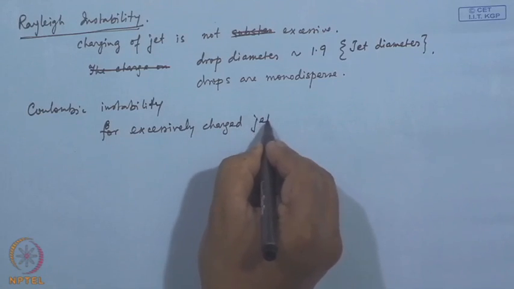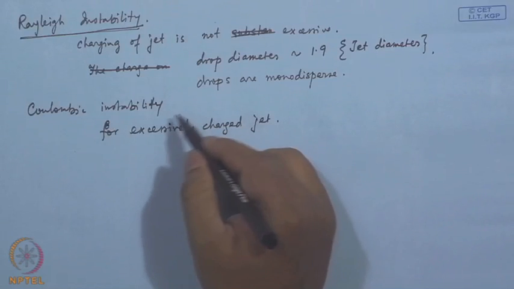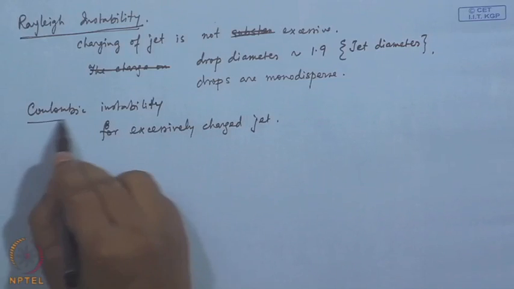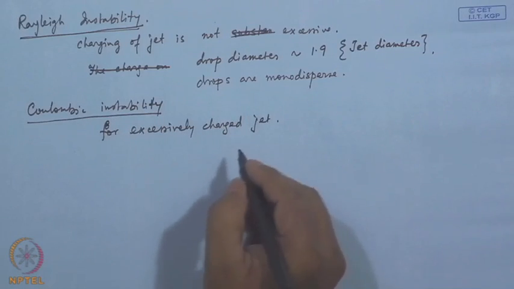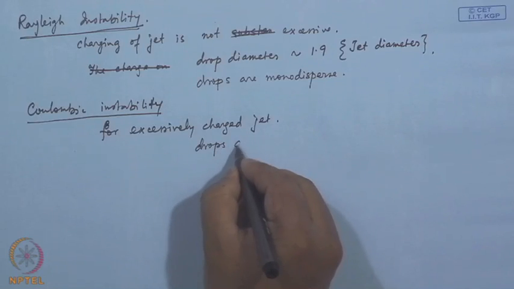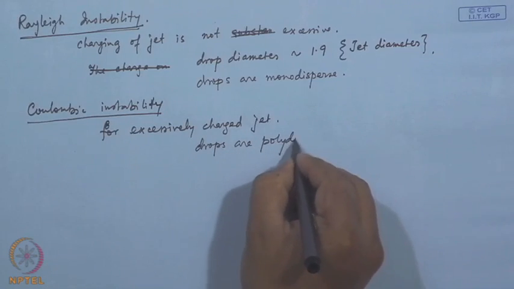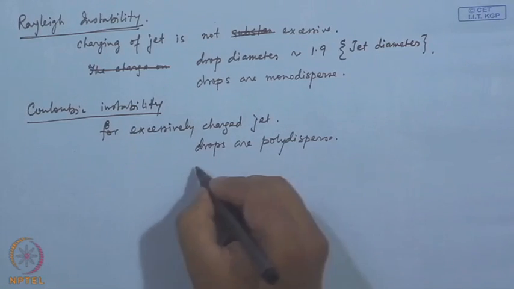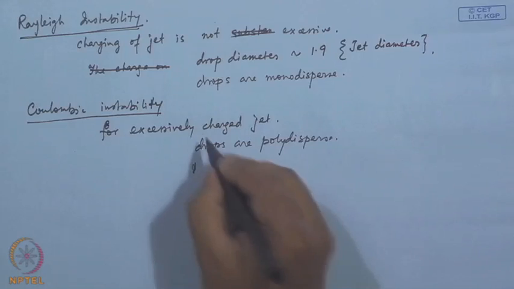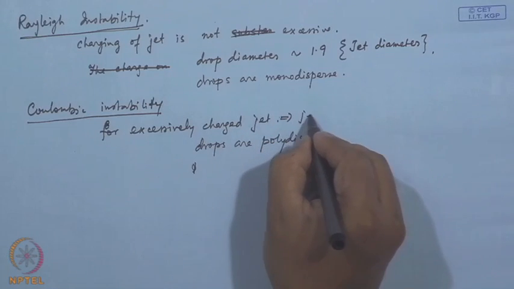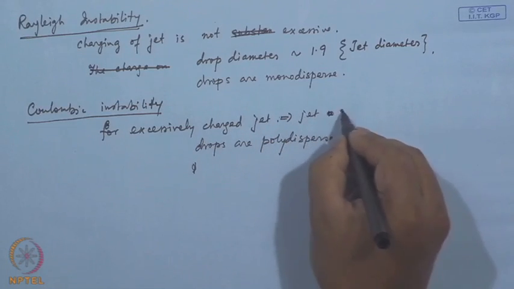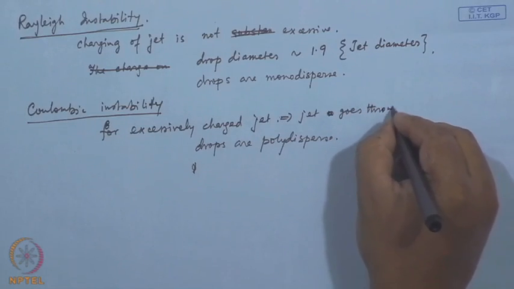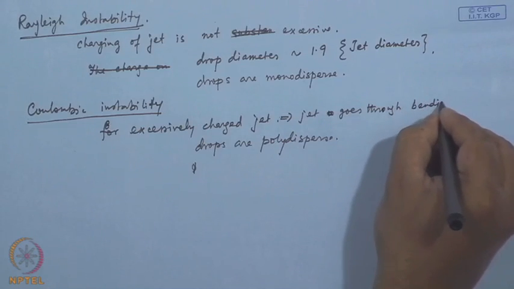When the jet is excessively charged, such Coulombic instability will come in, and in this case the drops are polydisperse, and the jet undergoes bending or whipping.